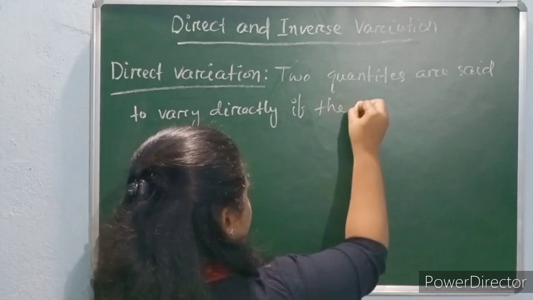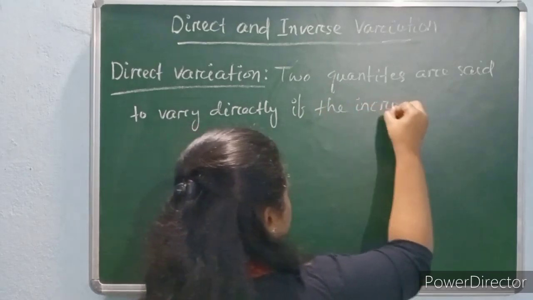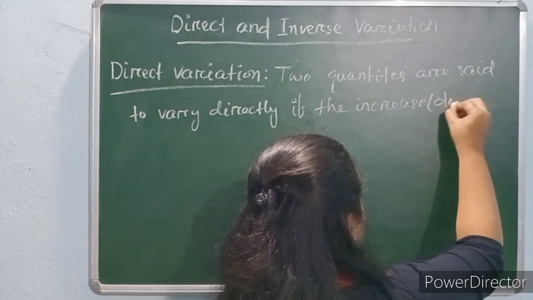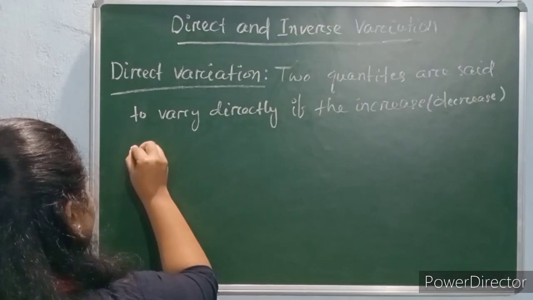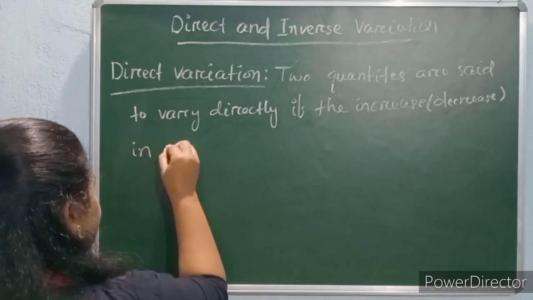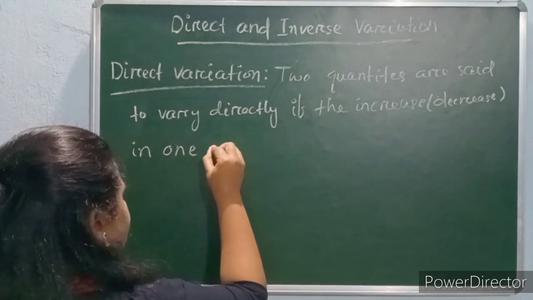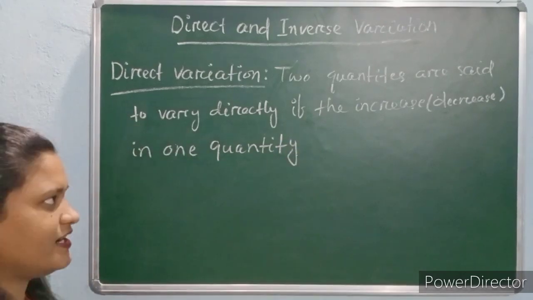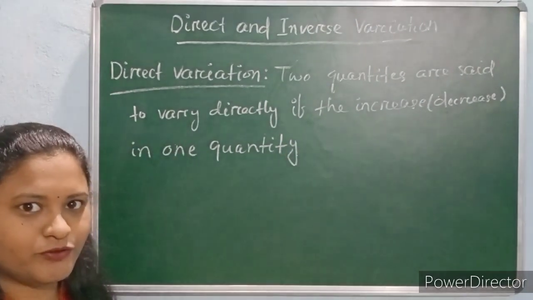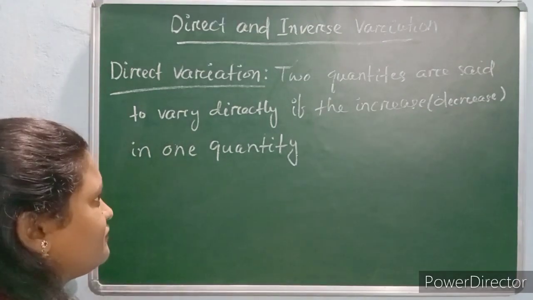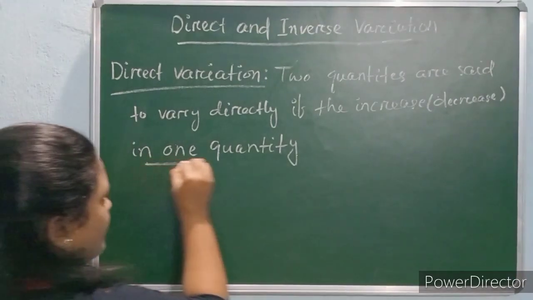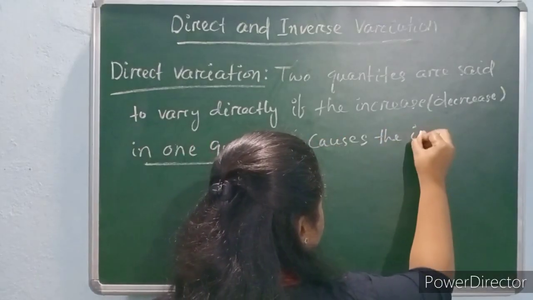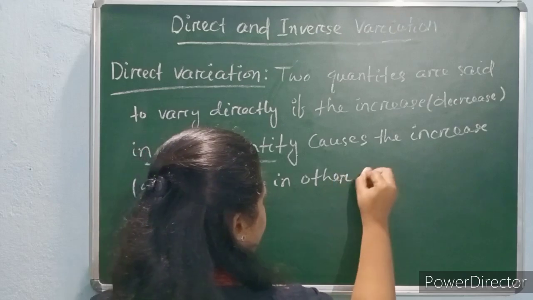Two quantities are said to vary directly if the increase or decrease in one quantity causes the increase or decrease in the other quantity. You can see that if we increase the quantity, then the price of that quantity increases, and when we decrease the quantity, then the price also decreases.